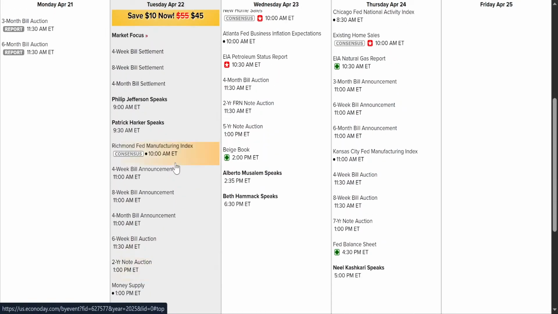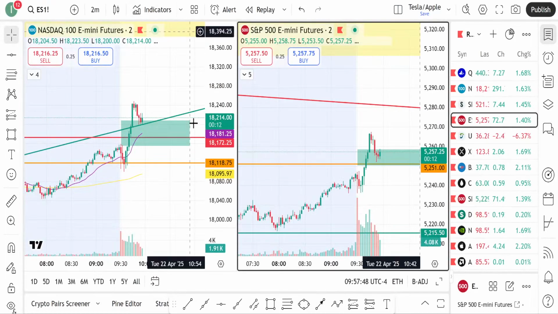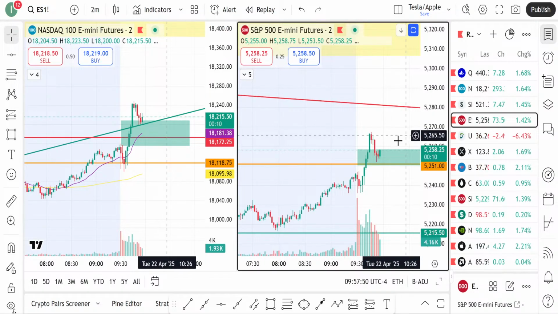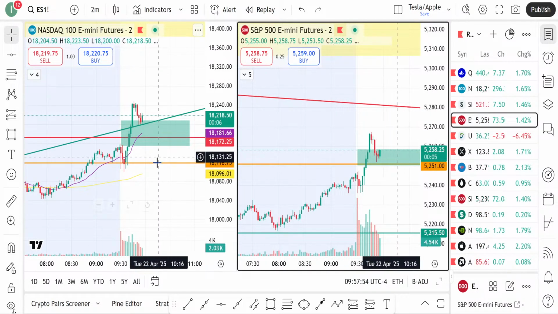Taking a look here to see if we had any news coming out. Looks like we're in the clear. And yeah, just waiting for this to push up. Like I said, I want to see buyers here.